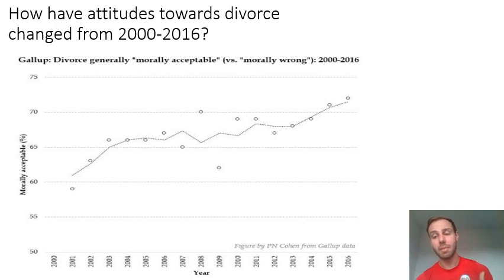And this is maybe to do with the fact that generations are growing up, more liberal, more forward-thinking, more progressive generations are growing up in a world where they believe divorce is more acceptable than maybe their parents did or their grandparents did. So generational change is changing how we see things like divorce. So there are big changes in terms of how different generations view the family.